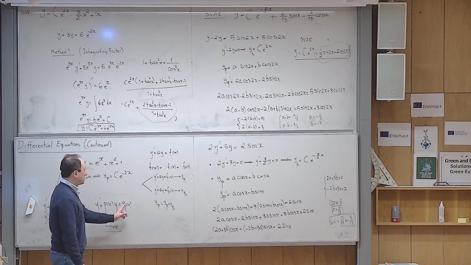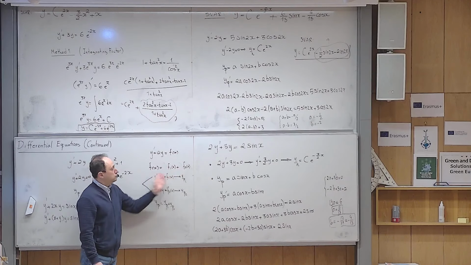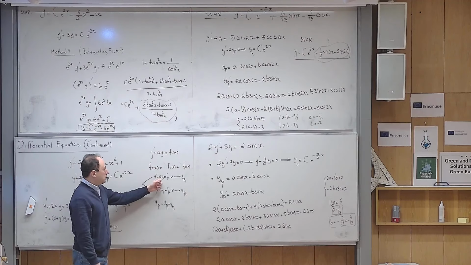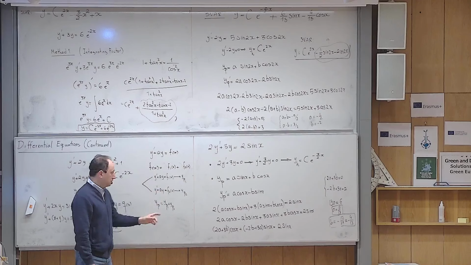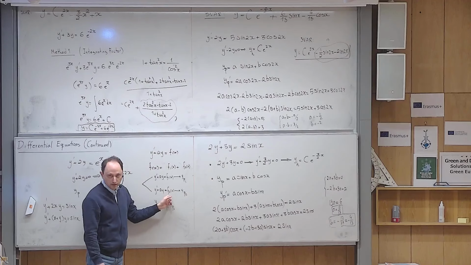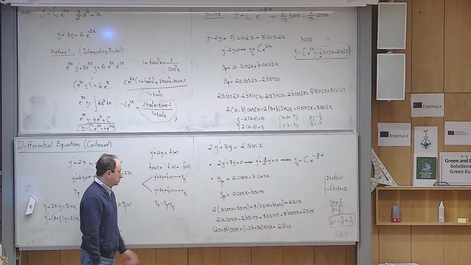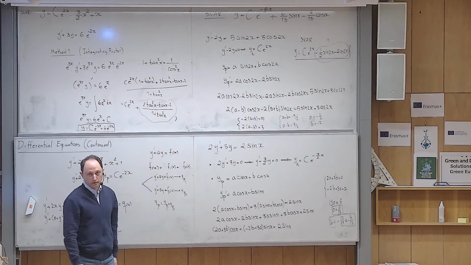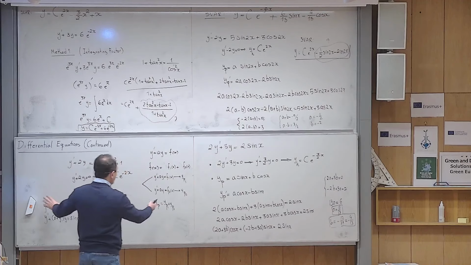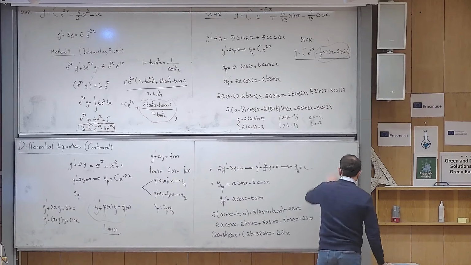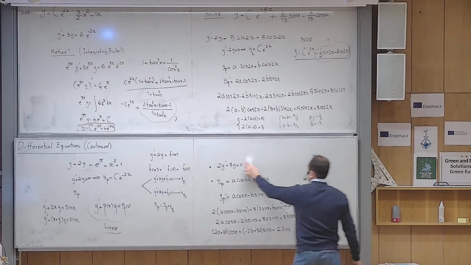If the right-hand side is the sum of two or more functions, and it also works for differences, then you can solve them separately and find a particular solution for each one of them separately. But then I want to convince you that if you add them up, it becomes a solution to the original differential equation. If we know that, then we can solve a lot of problems here that have a mixture on the right-hand side.